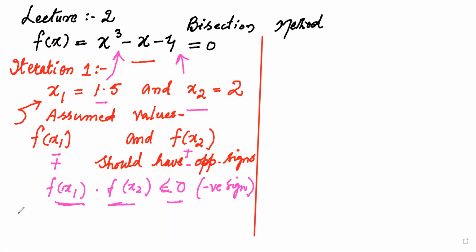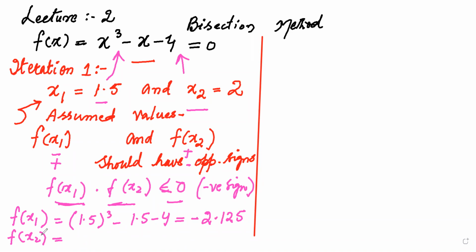And we can easily verify it here. For iteration 1, f of x1 will be 1.5 cube minus 1.5 minus 4, and that comes out equal to minus 2.125. And f of x2, x2 is 2, so it will be 2 cube minus 2 minus 4, that is 8 minus 6, which is 2.